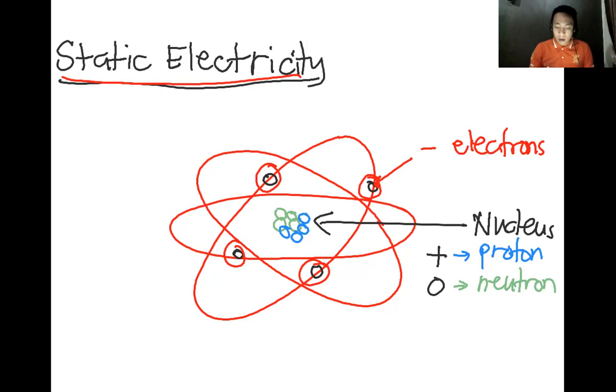How many protons do we have? One, two, three, four. If we have a balanced number of electrons and protons, that means this is stable. When we say stable, nothing happens. This one is normal, so it will become neutral.